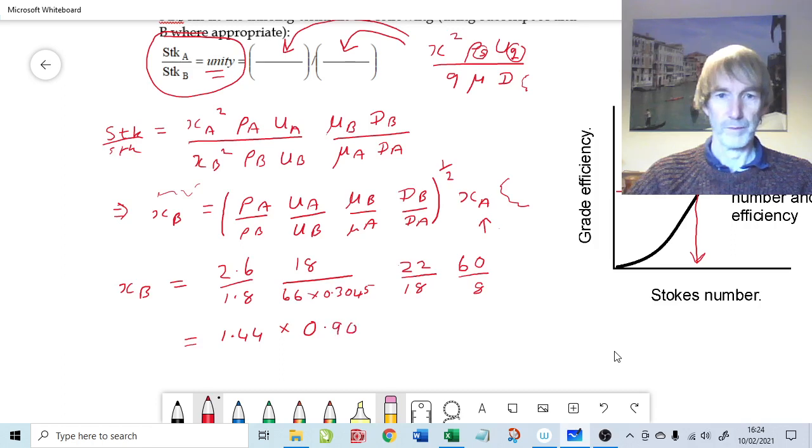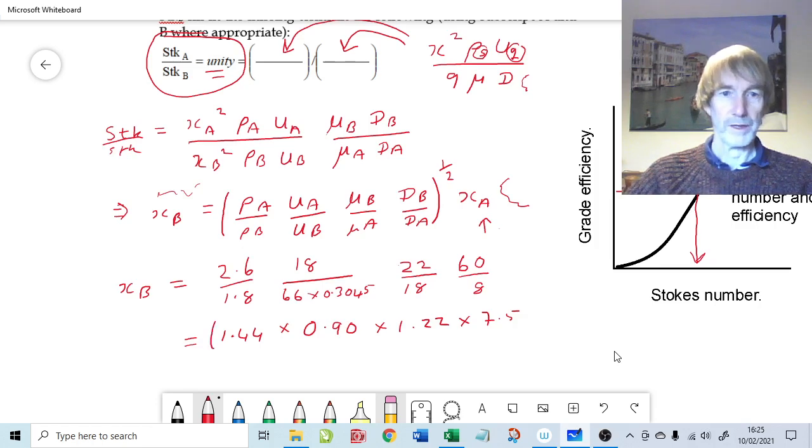It's right on the border between being 0.89 and 0.90, so there'll be a bit of rounding error, shall we say, on that. 22 divided by 18 is 1.22, and 60 divided by 8 is 7.5. I can do that one in my head.